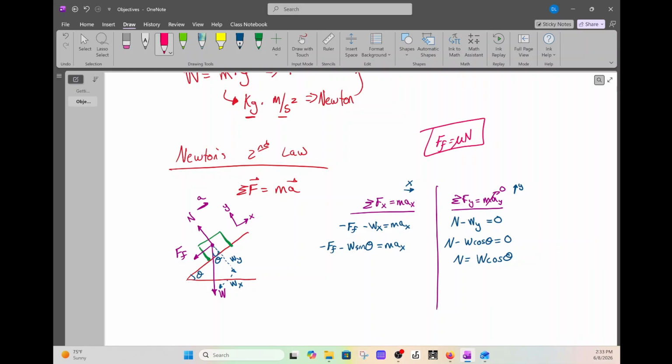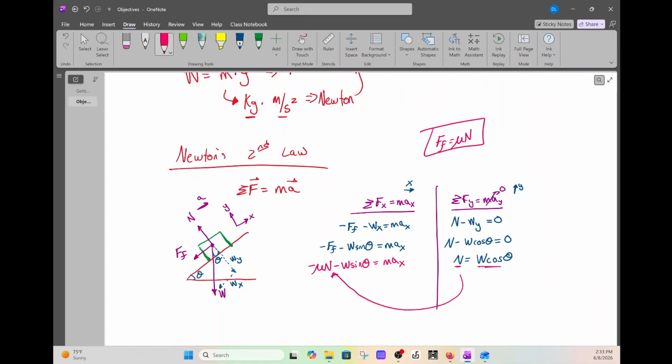The friction force equals mu times the normal force. So we can rewrite that like this. And we now know the normal force, and you could plug that back into here, and eventually you can solve for AX.